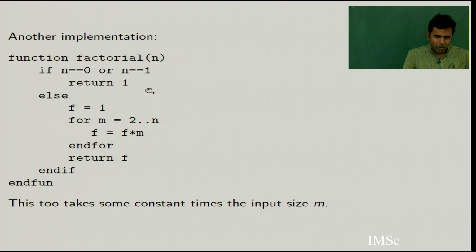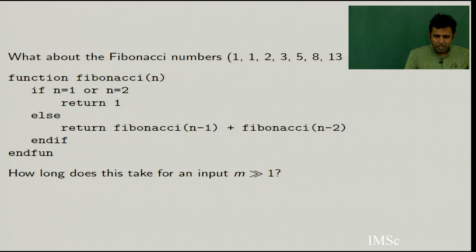Here, the first two lines are the same, otherwise you are running a for loop, multiplying all the integers from 2 to n and returning the value. This also takes some constant size, the input size m, but that constant is much smaller compared to the previous slide. Now in algorithms you often don't care about constants as such, but you do care about complexity.